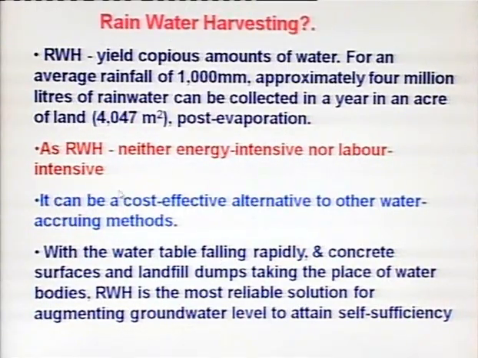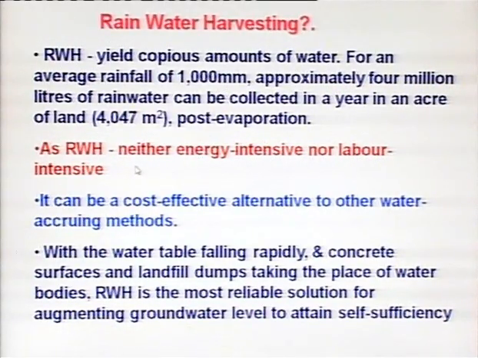So, what is rainwater harvesting? Rainwater harvesting yields a copious amount of water. That means a high amount of water is collected and used for beneficial use. For an average rainfall of 1000 mm, approximately 4 million liters of rainwater can be collected in a year in an acre of land.